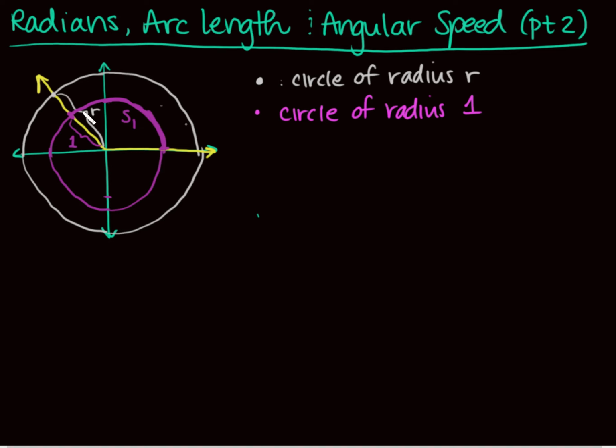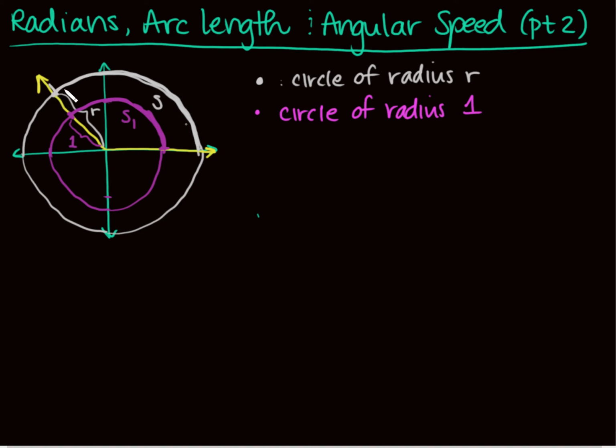There's some fancy words you can use, it's a center angle that subtends, I believe, an arc length or something like that. I don't remember my geometry. I don't teach geometry, and when you haven't had it in a long time, you kind of forget it. So I'm just going to say that this arc length right here is S1, and then this distance that the yellow angle subtends, that sounds really good, I'm gonna call it subtends, we'll just say that length is S.